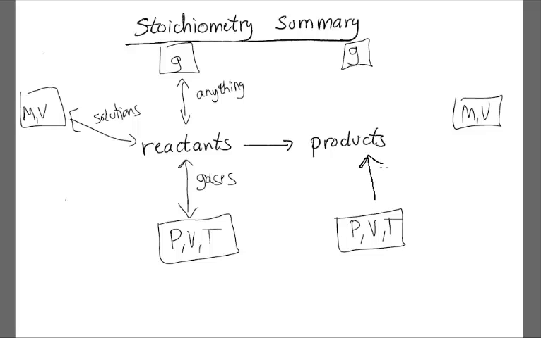And again, the same thing is true. Pressures and volumes and temperatures will only be useful for gases. Molarity times volume will only be useful for solutions, but grams can be used for anything. And that's a summary of stoichiometry for everything that we've talked about.